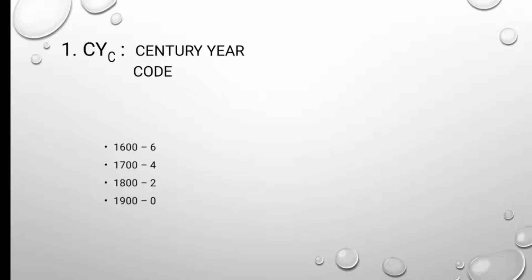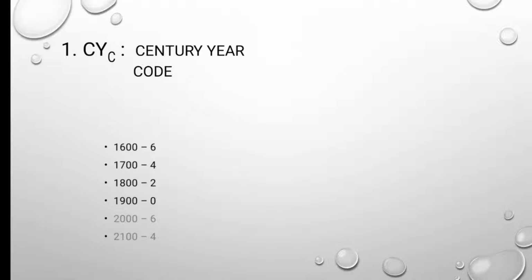So when I am talking about the next century, let's say for 2000, the pattern 6420 will repeat, and for 2000 the code will be 6. For the next also the pattern will repeat, and the code for 2100 will be 4. And similarly the pattern will repeat in the upward direction also, but in reverse order.